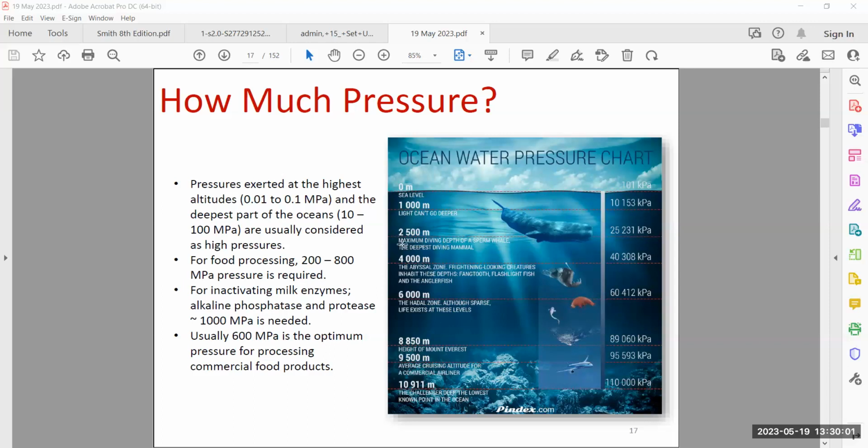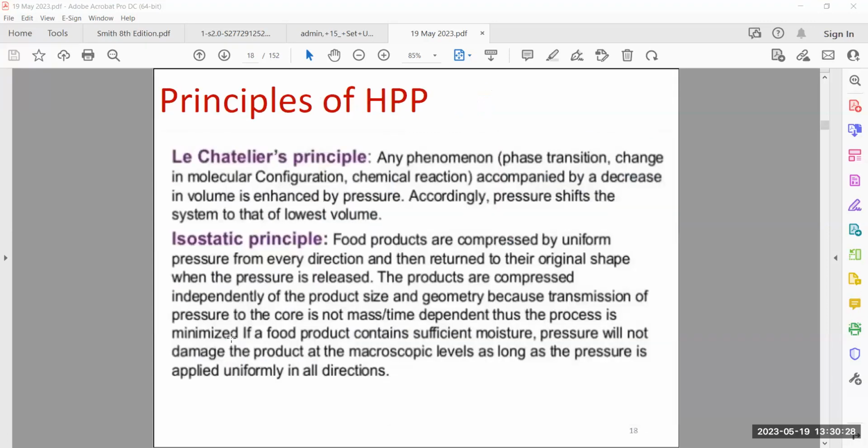So about 2.5 kilometers worth of deep sea until about 8.8 kilometers. For inactivating milk enzymes, such as alkaline phosphatase or protease, about 1,000 megapascal is needed. That is a lot of pressure. Usually 600 megapascal is the optimum pressure for processing commercial food products.